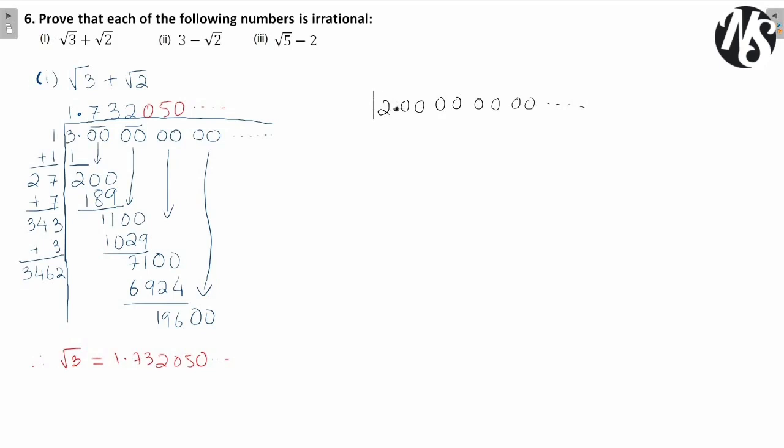In the same way, here again you need to write 1. So 1 into 1 is 1, add 1 to it, so you get 2 here. We have a decimal, so bring these 2 zeros out here, so you get 100.